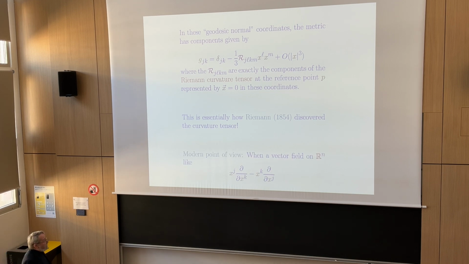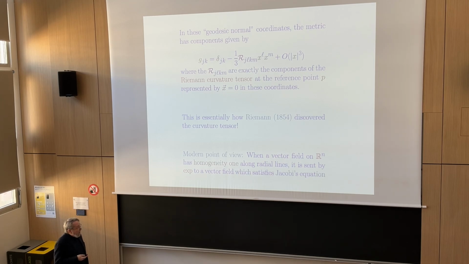Of course, if you want to check my coefficients and so forth, the thing that you would want to use is that if you take a vector field on R^n that's homogeneous of degree 1 along radial lines, then under this exponential map, such a vector field goes to a Jacobi field that joins geodesics through the base point, and they satisfy Jacobi's equation, which says that the second derivative along the geodesic of the vector field is expressible in terms of the curvature tensor.